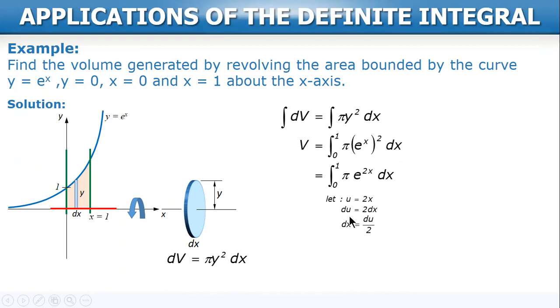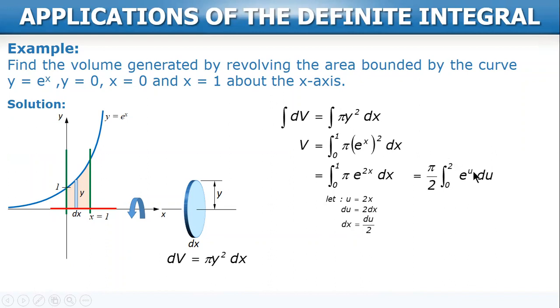When x is 0, u is 2 times 0, which is 0. And for x equal to 1, u is 2 times 1, which is 2.